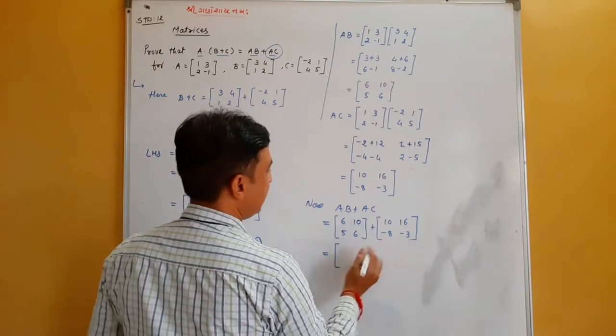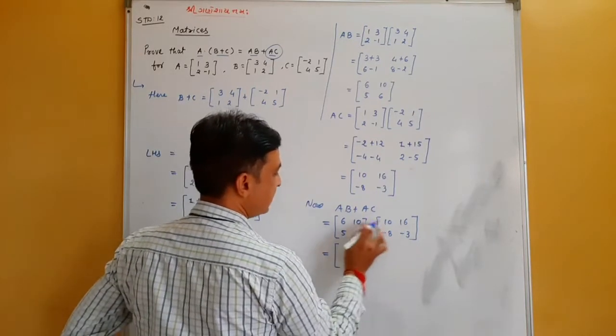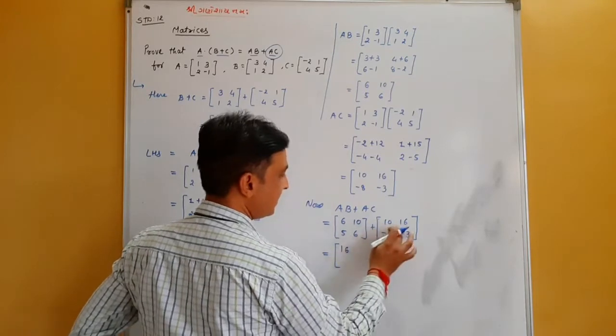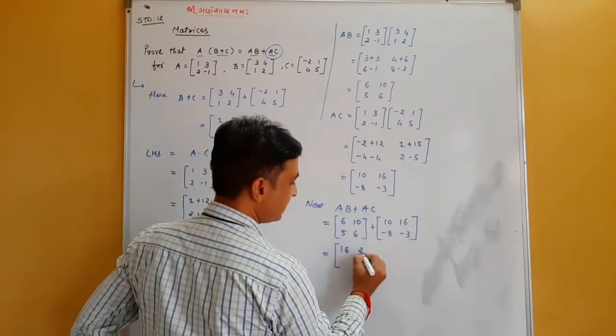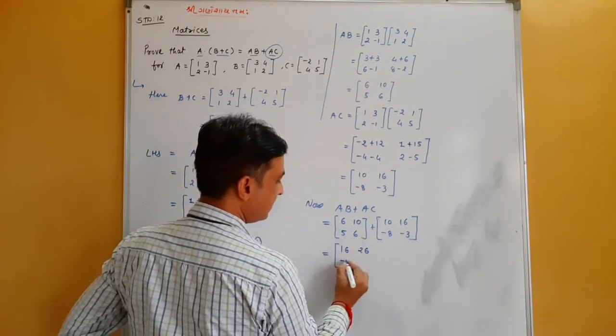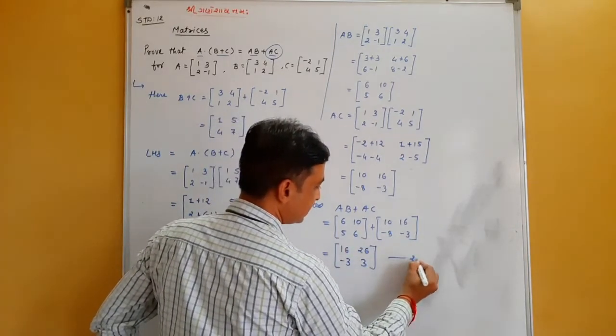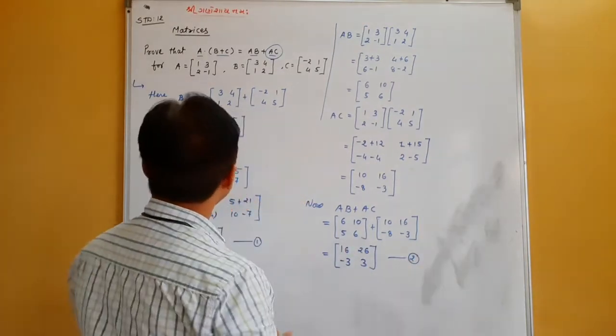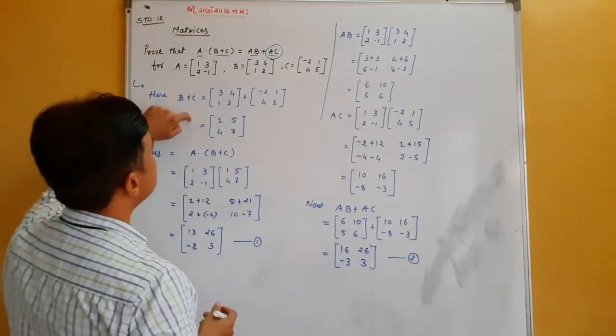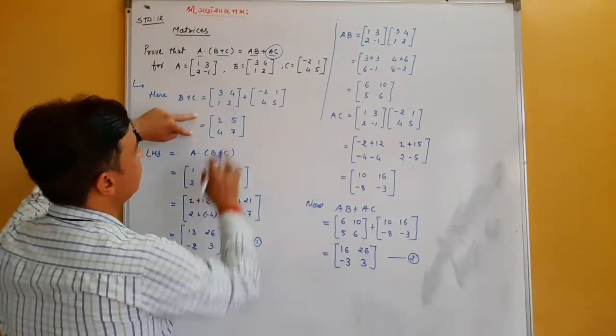Okay, 5 minus 8 is minus 3, 16, 10 plus 26 minus 3. Say second one. Now see, some problem here.